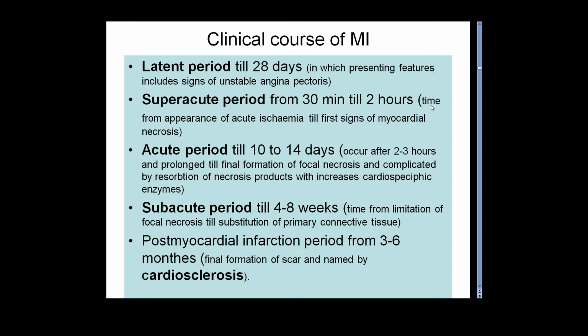The acute period, lasting 10 to 14 days, occurs after 2 to 3 hours and continues until final formation of focal necrosis, accompanied by resorption of necrosis products with increased cardiospecific enzymes.